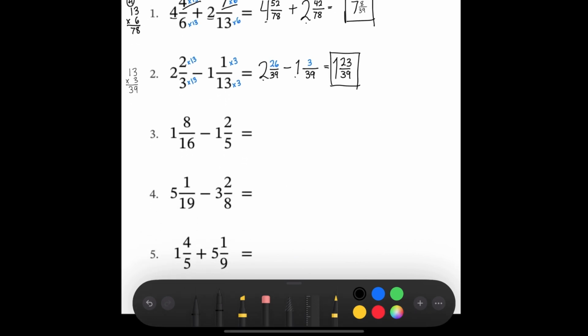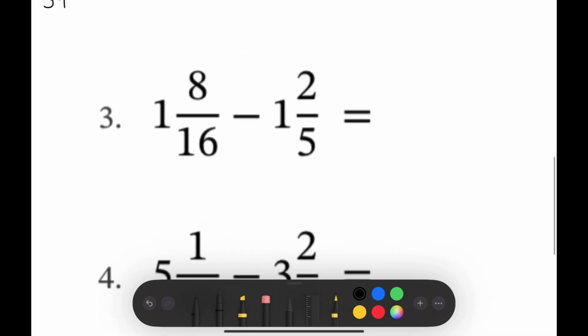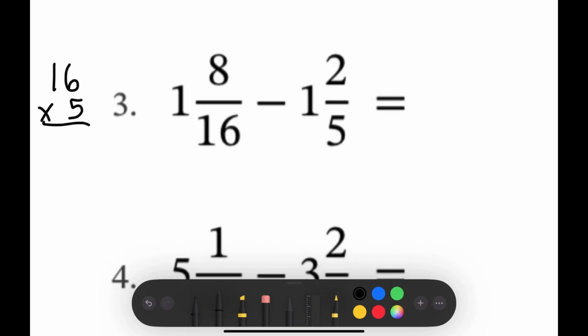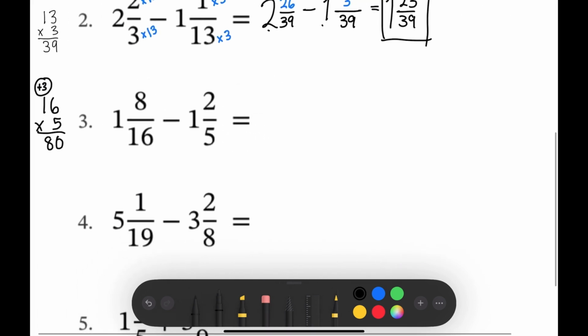All right, let's do the next one. 16 and 5 are my unlike denominators. So, mini math on the side. 5 times 6 is 30, 0 here, carry the 3. 5 times 1 is 5, plus 3 is 8. So 80 is our common denominator. Everything else stays the same.